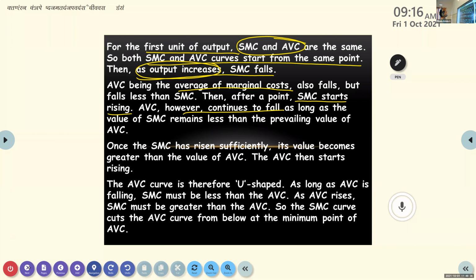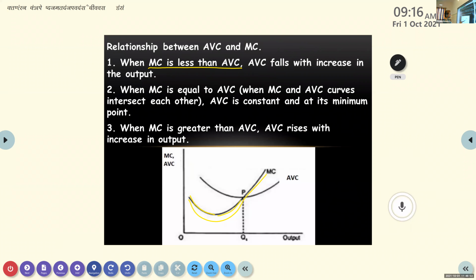When SMC starts rising, what is happening to AVC? It continues to fall as long as the value of SMC remains below it. Till here, AVC falls, and at the point of their intersection, AVC and MC become the same. Till that point, AVC is going on falling.